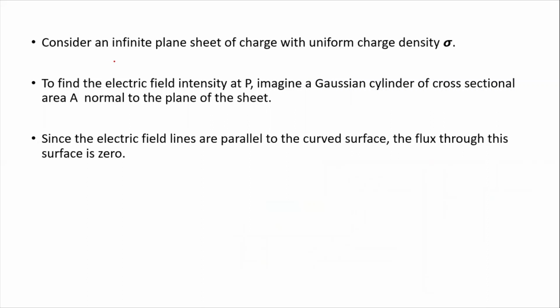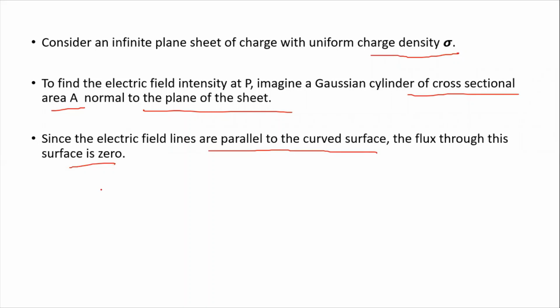As it is a sheet, we'll go for surface charge density. Consider an infinite plane sheet of charge with uniform charge density sigma, the notation for surface charge density. We imagine a Gaussian cylinder of cross-sectional area A, normal to the plane of the sheet. Electric field lines are parallel to the curved surface, so the flux through it is 0.